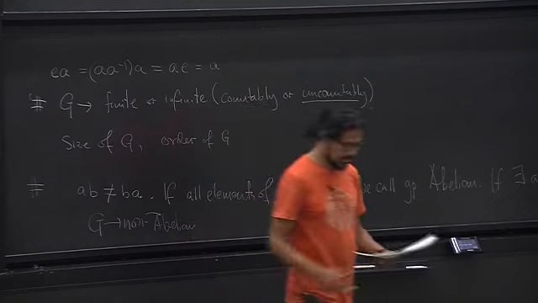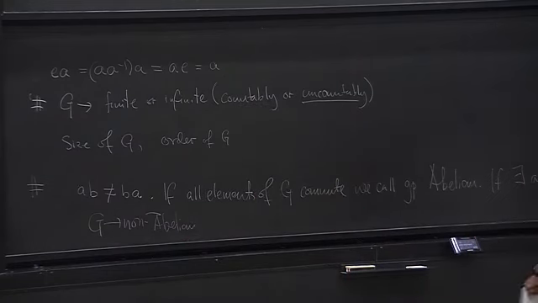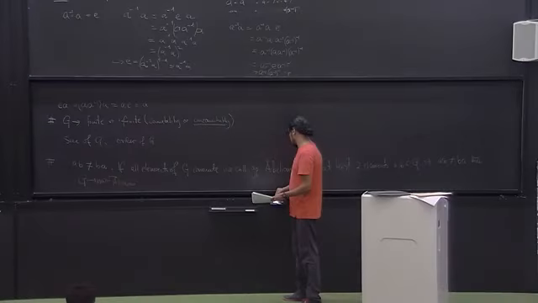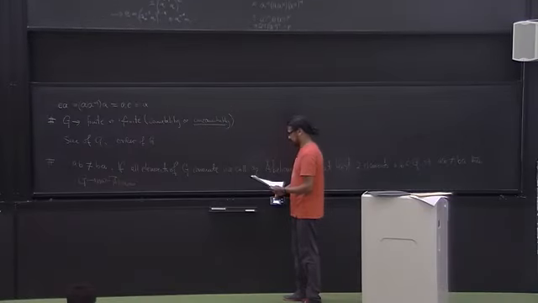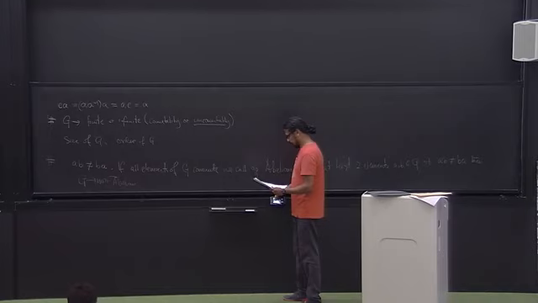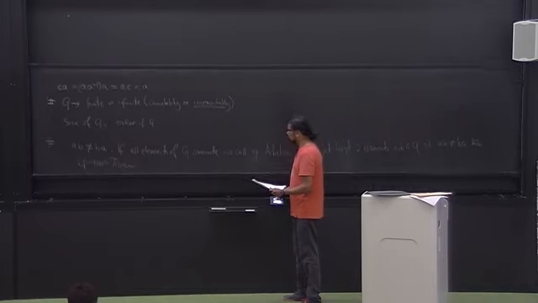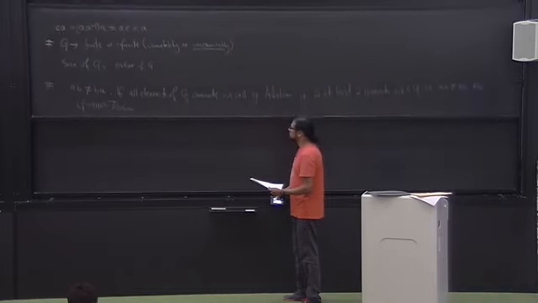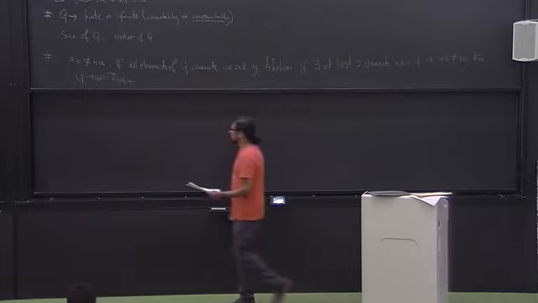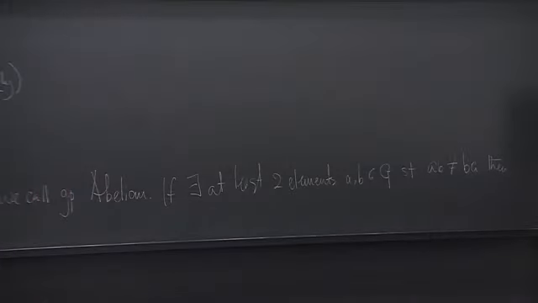Right, so let's do a little example before we break. It's not 1:15 yet. The cyclic group of order 4. So examples.